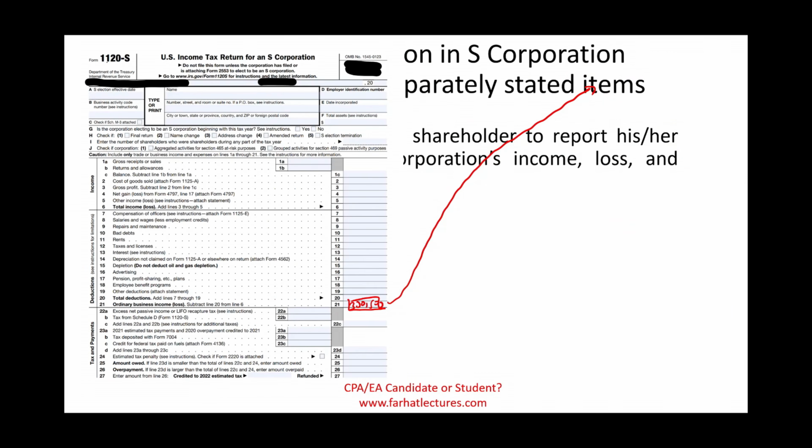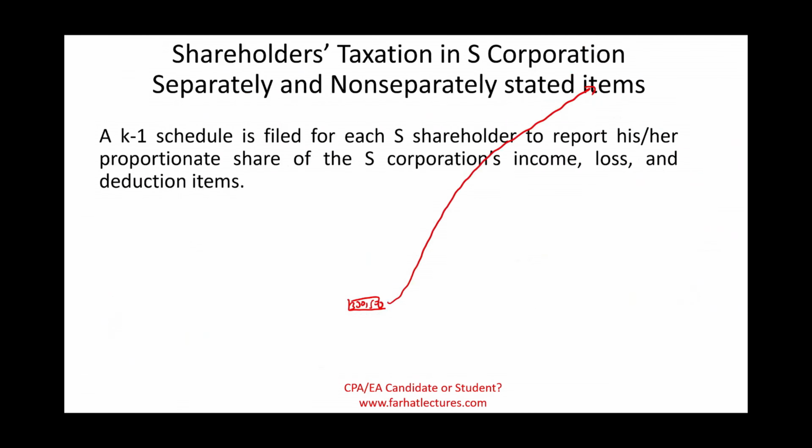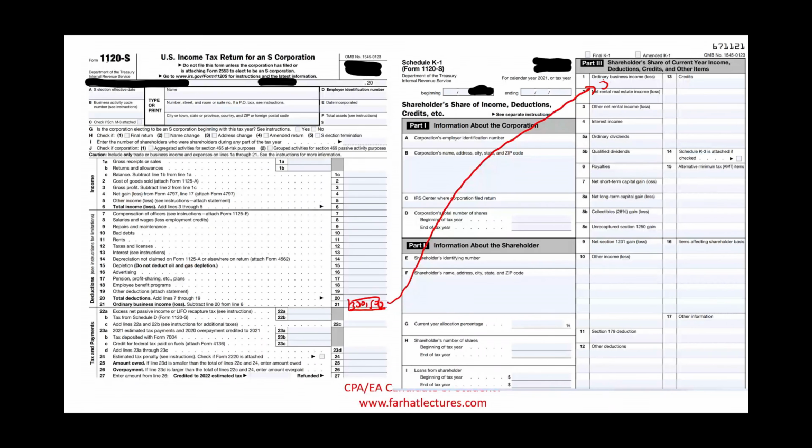Let's go back. Adam's share was 5,680. Therefore, when Adam gets his K-1, he's responsible for reporting 5,680 of ordinary income from that particular year. Now, obviously, you might have other things. The same concept would apply on prorating this.